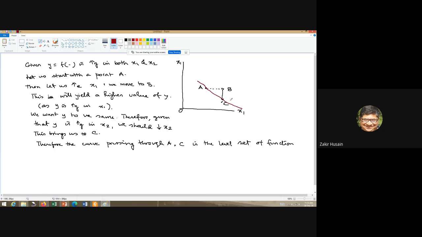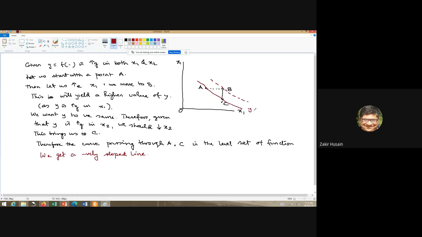So this is the function. It can be a straight line, it can be convex, it can be concave. We don't know that. We only know that it is a negatively sloped line. Right?